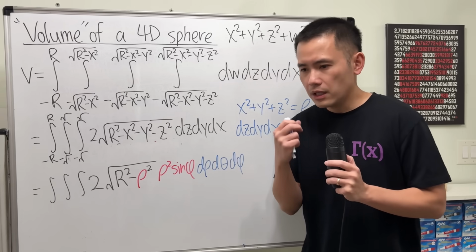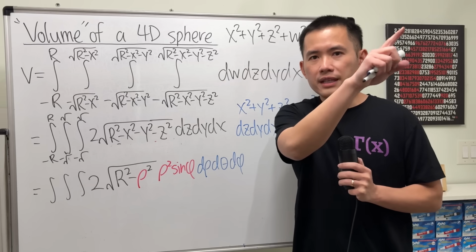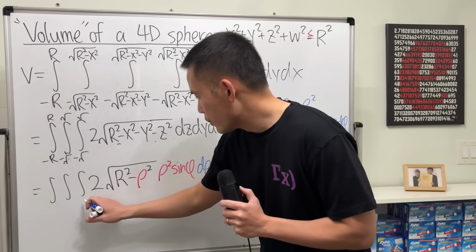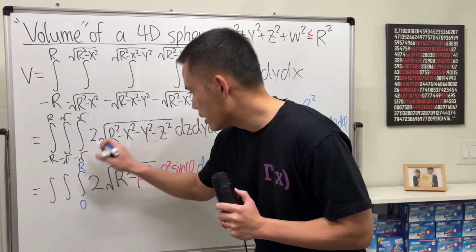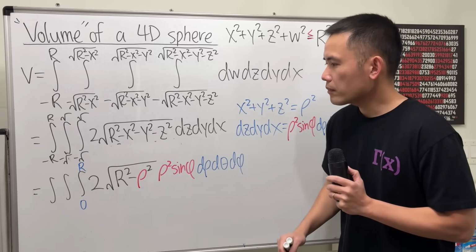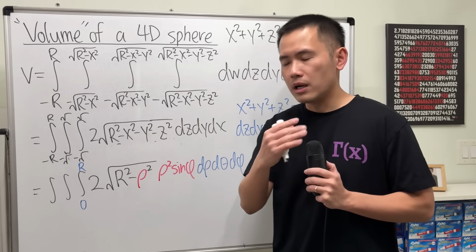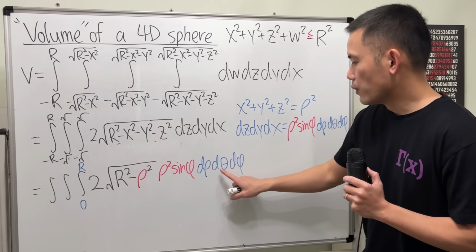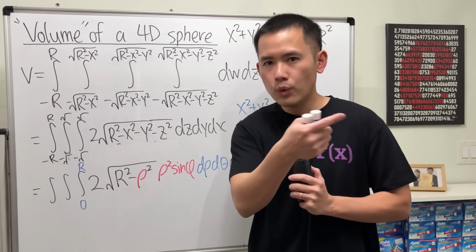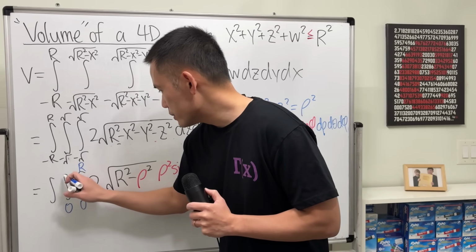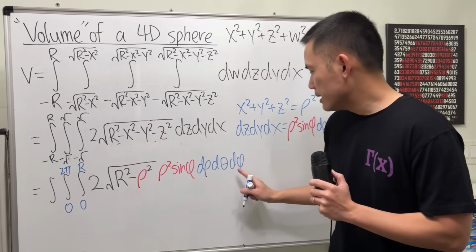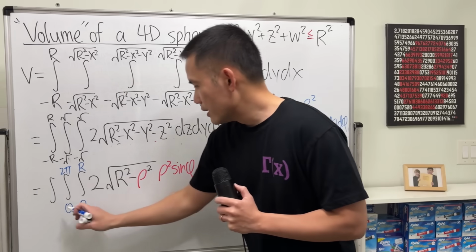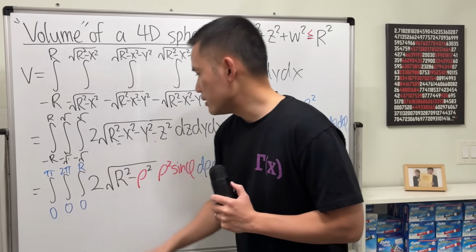So what we need is from the origin to whichever the end is, which is just the capital R. So for rho, be careful, we go from 0 to R. dx was negative R to R, but for rho, we start from here and then go to R. Next, for d theta, we are going to do one revolution, which will go 0 to 2 pi. And then for phi, which is this rotation, it's just 0 to pi, we do 180 degrees.